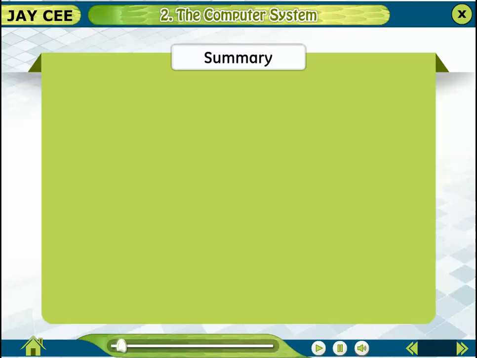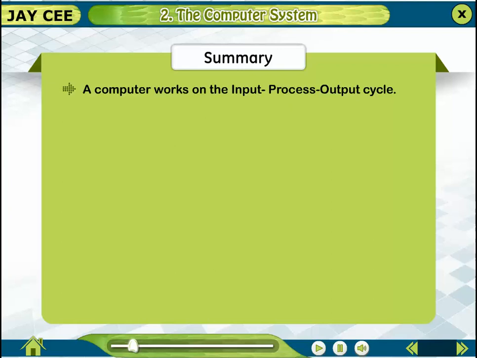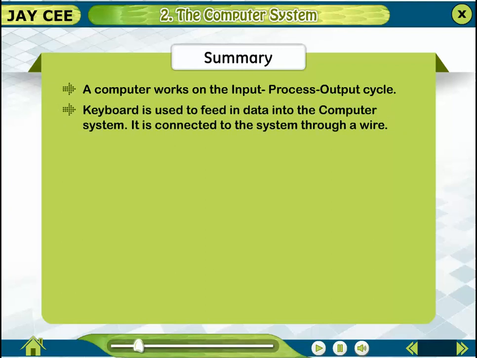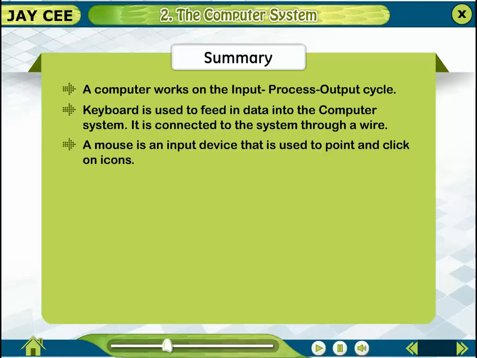Summary. A computer works on the input-process-output cycle. Keyboard is used to feed in data into the computer system. It is connected to the system through a wire. A mouse is an input device that is used to point and click on icons.